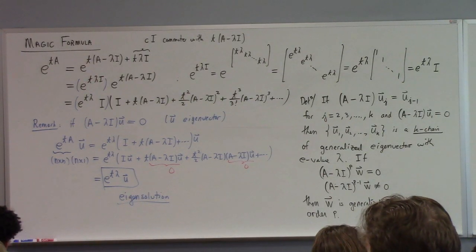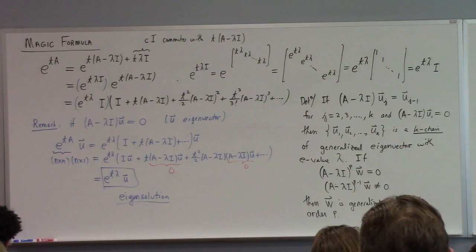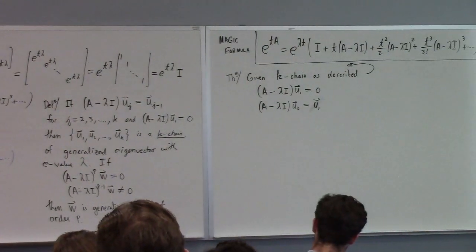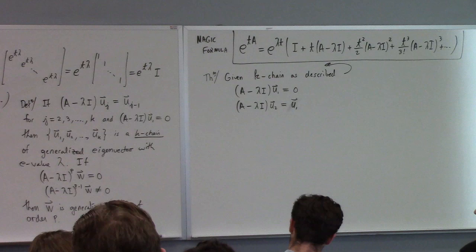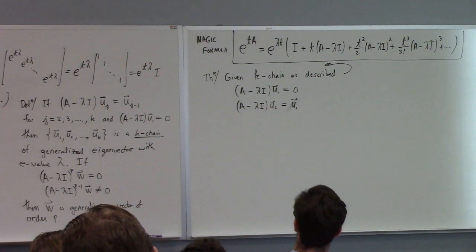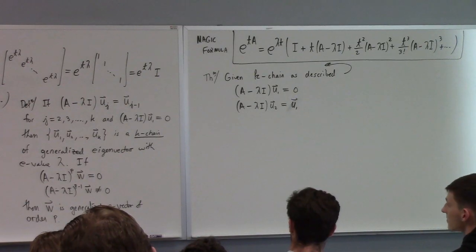What does that imply? Multiply that equation I just wrote by A minus lambda I. What happens? We get (A minus lambda I) squared u2 equal to what?